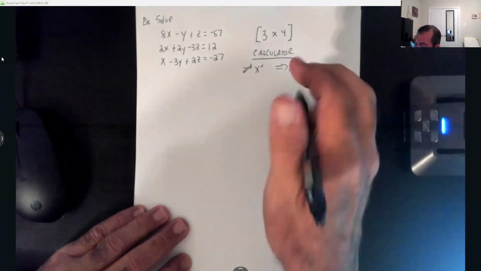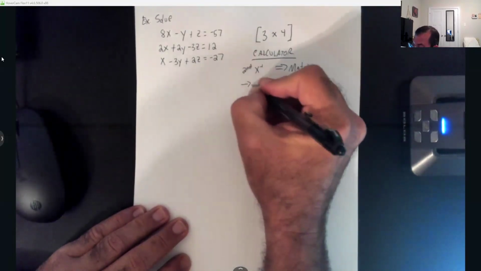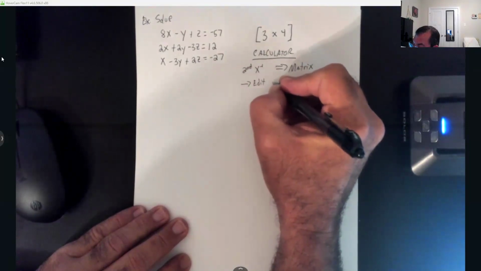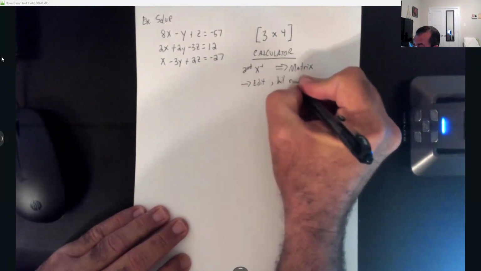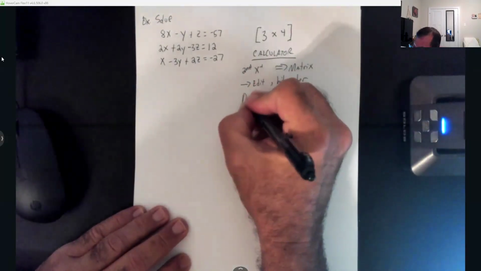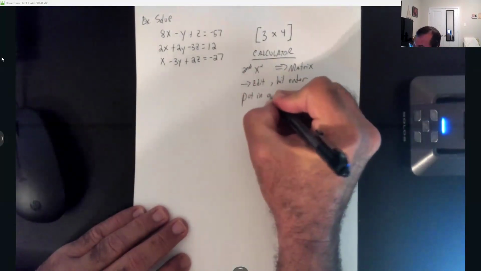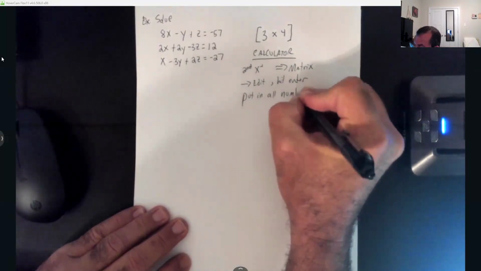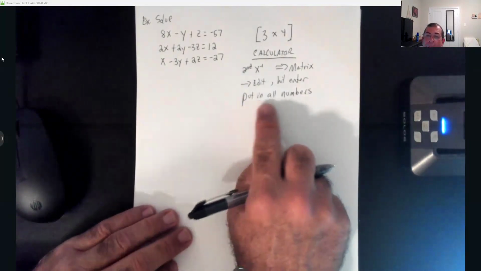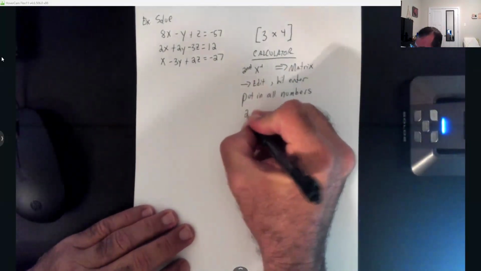Once I'm on matrix, I'm going to arrow over to edit and hit enter. And then I'm going to put in all the numbers. Once I got in all my numbers, I'm going to hit second mode and quit.